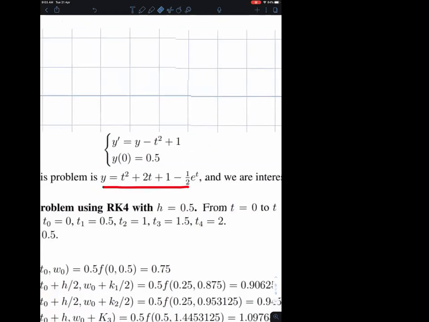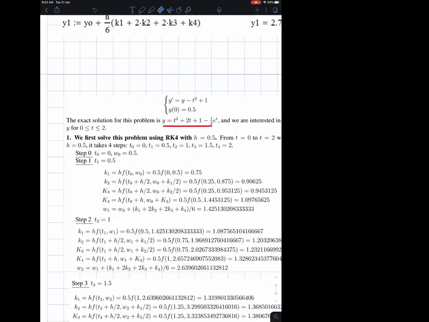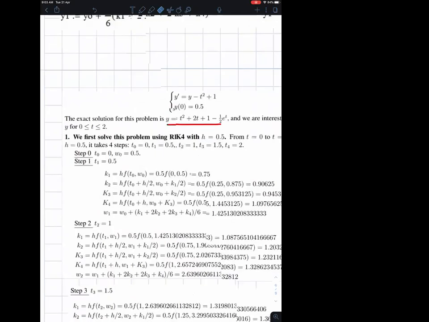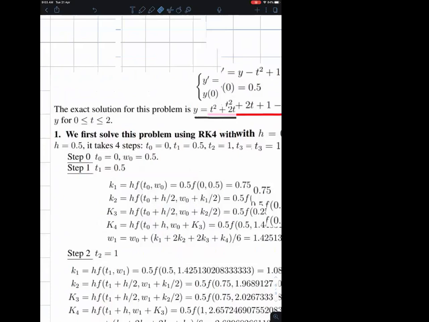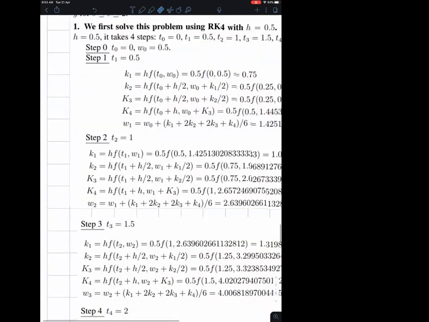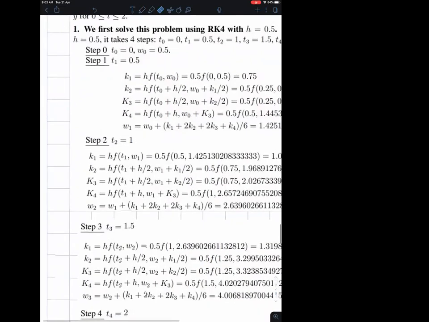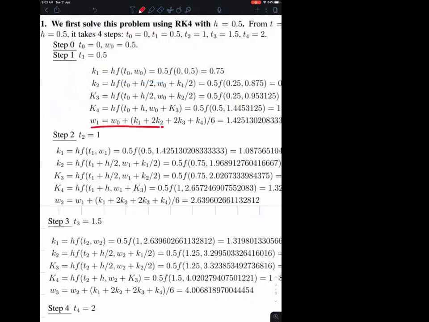Now we do the numerical analysis and find the solution. Our interval that was given here is h, which is 0.5. So your t1 is 0.5. You can also continue with t2. We only did until this. What we call y1 is called w1 here.